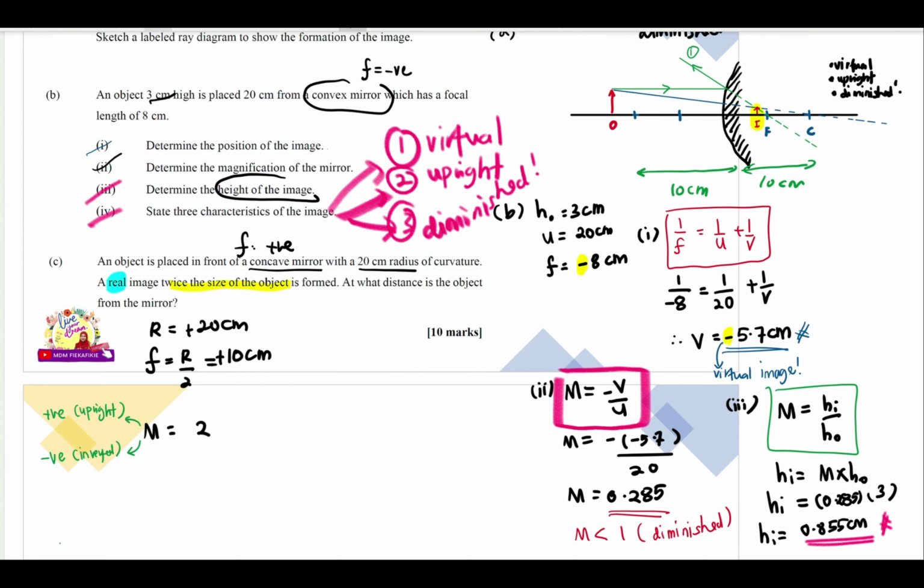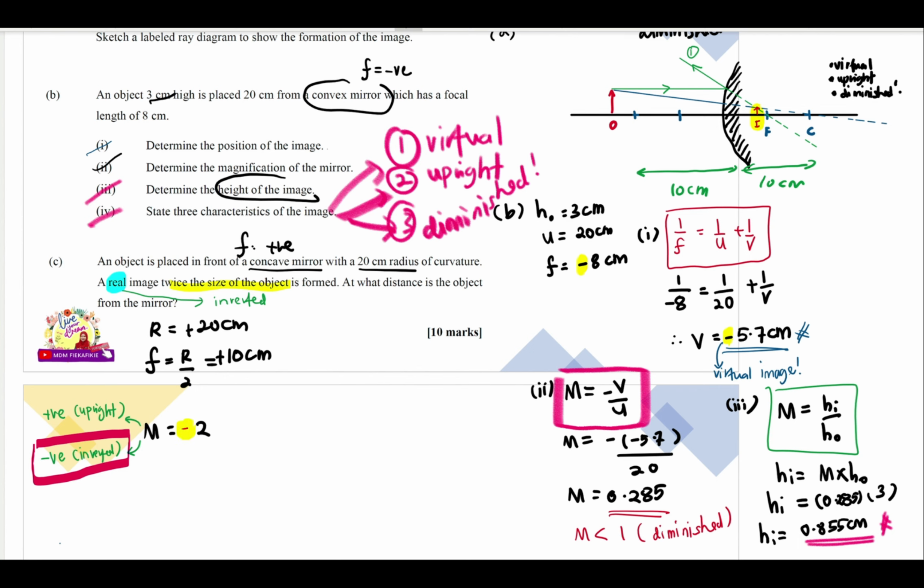So, kita boleh tahulah all real image must be inverted and all virtual image must be upright. So, bila inverted, kita nak guna M positif ataupun negatif? So, M kita adalah negatif. Kalau you tak letak negatif, memang salah.